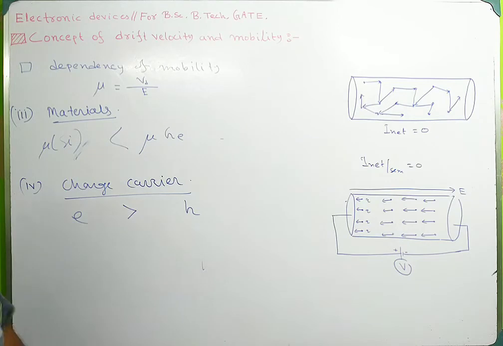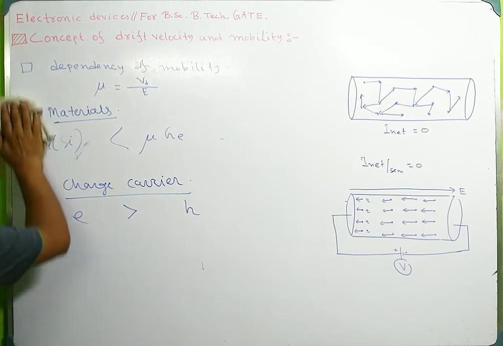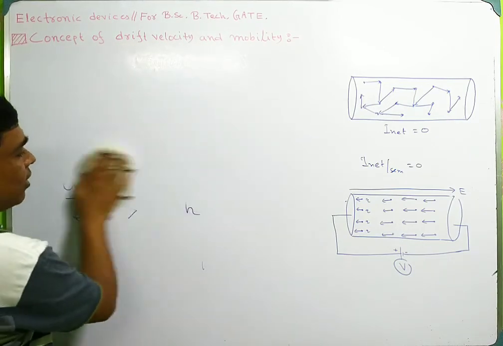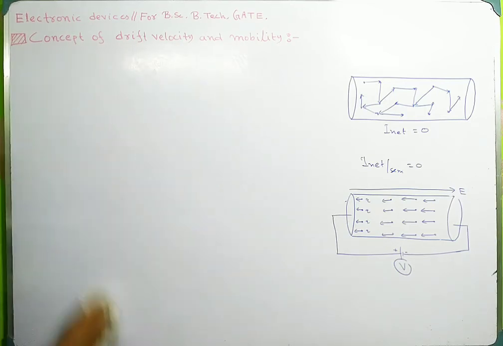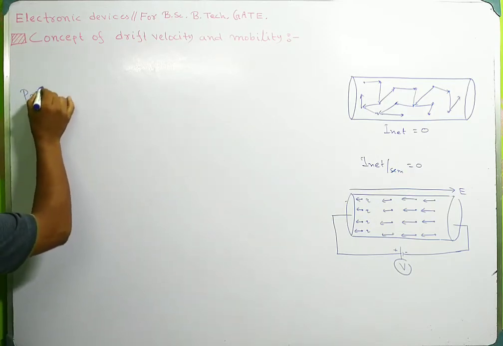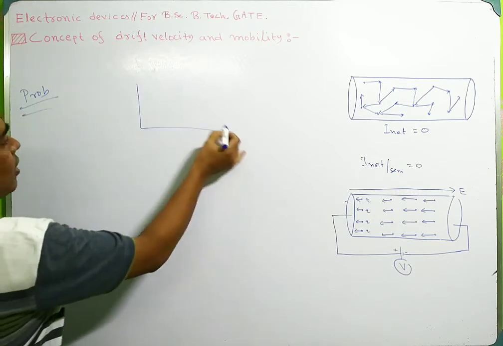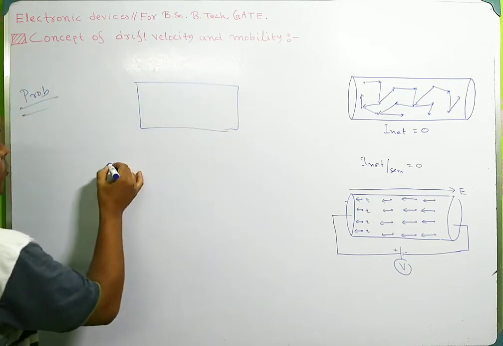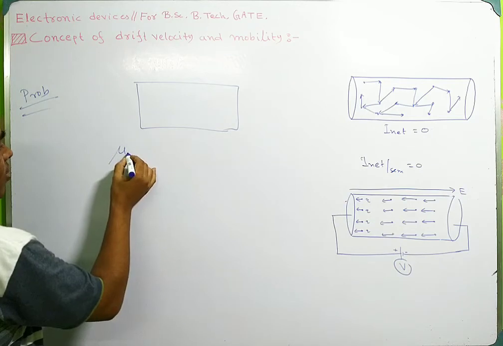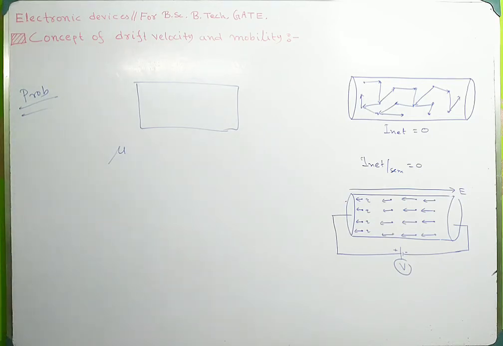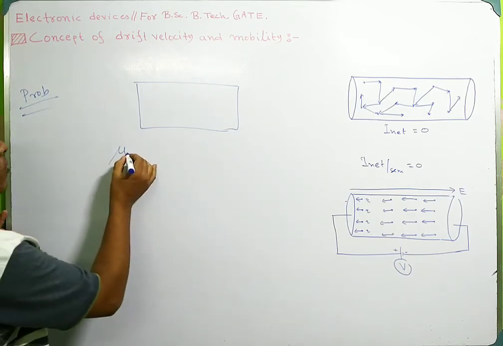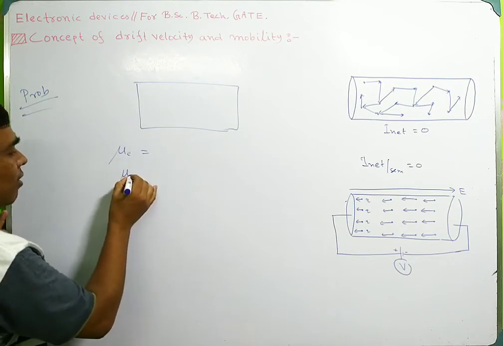If I take one problem from this theoretical part, suppose a semiconductor has electron mobility and hole mobility.